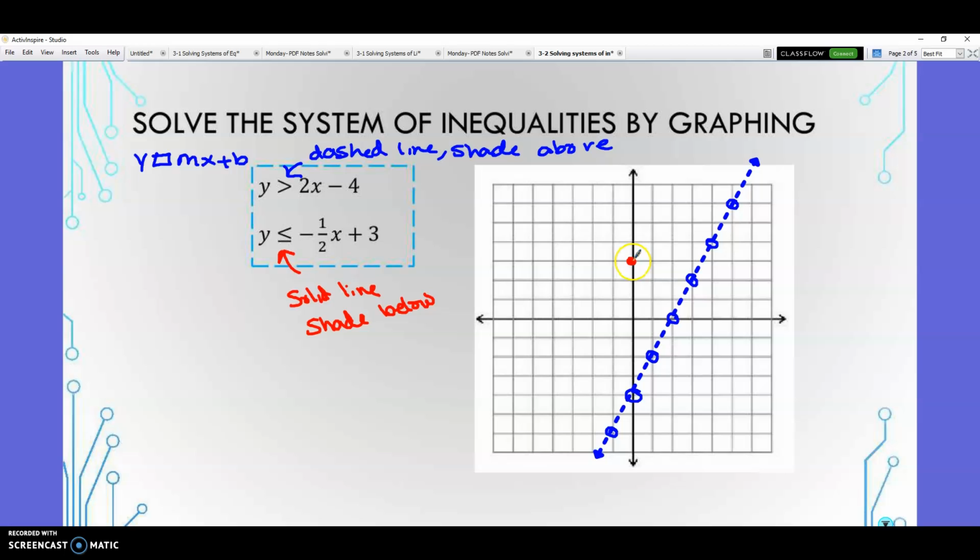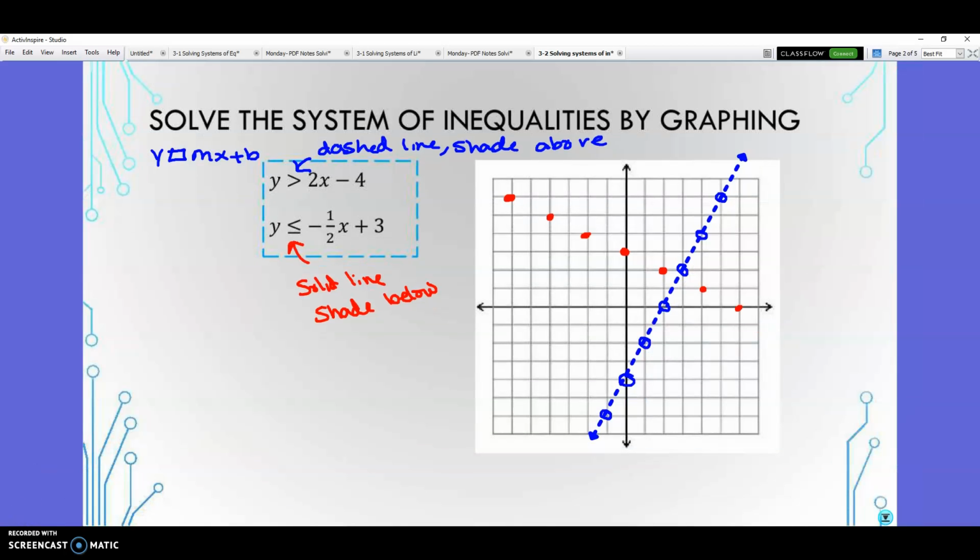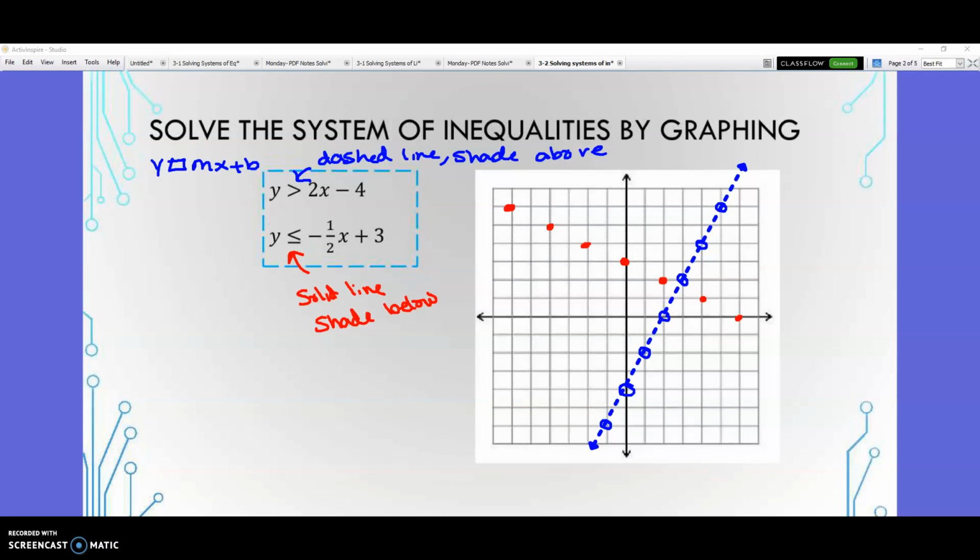And then my slope is -1/2, so down 1, right 2, and close. Down 1, right 2, or up 1, left 2. And then this would be a solid line.